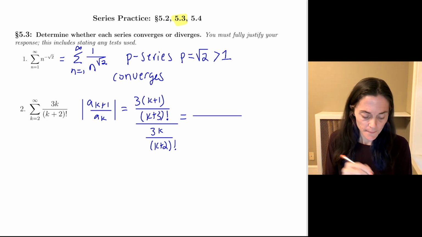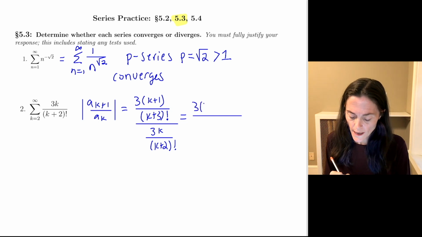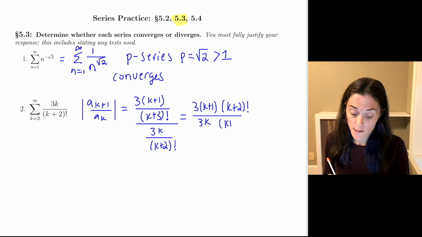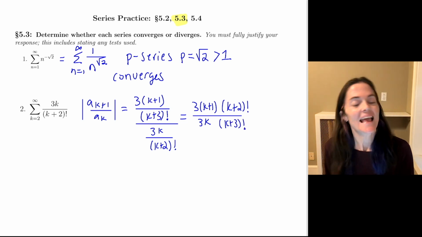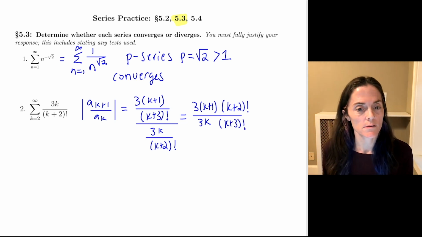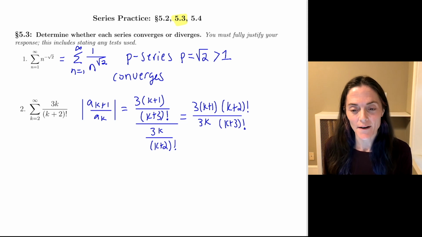So in particular, I'll write 3 to the k plus 1 over 3 to the k. And then the k plus 2 factorial, I'll put on top of k plus 3 factorial. The nice thing about factorials is this will simplify more.